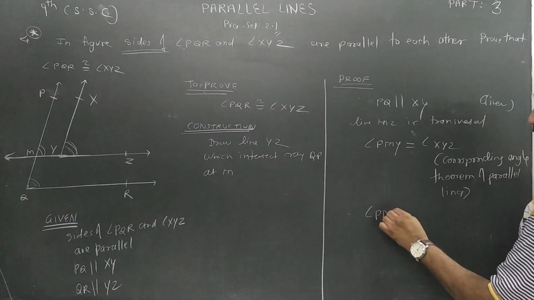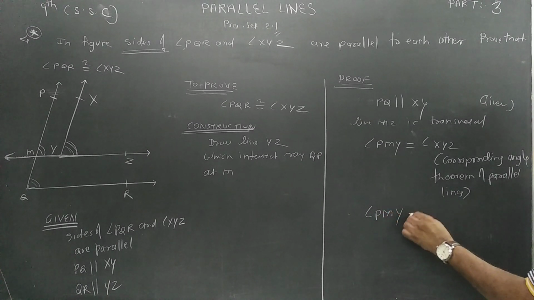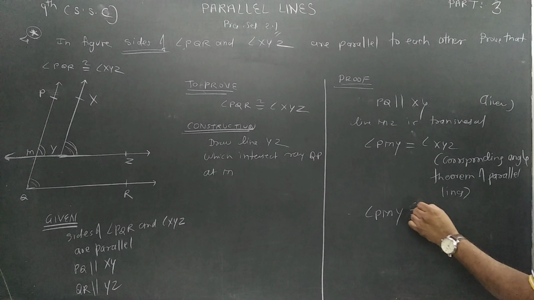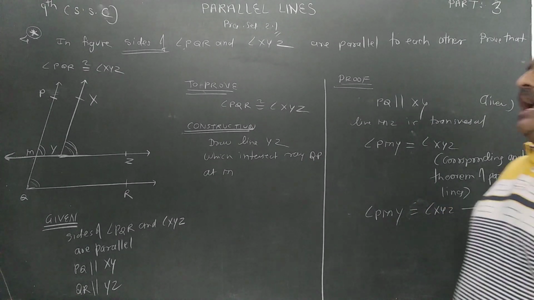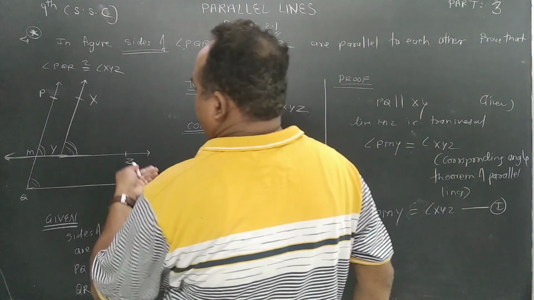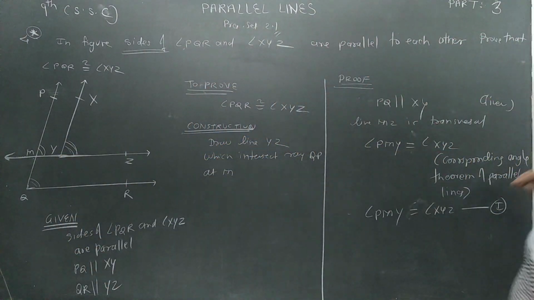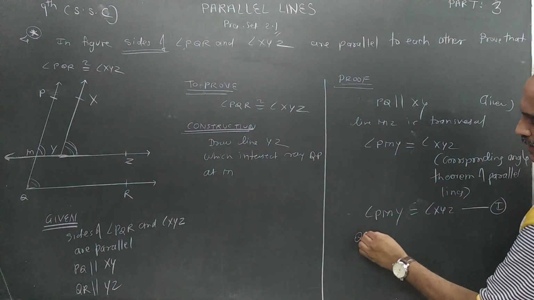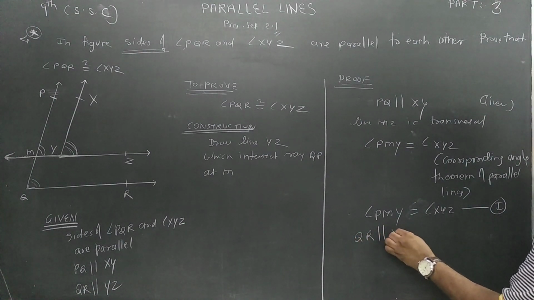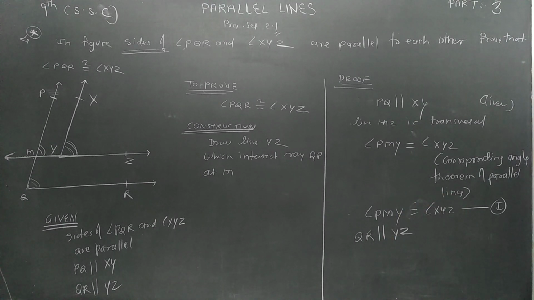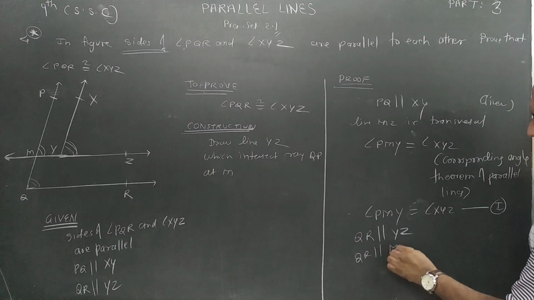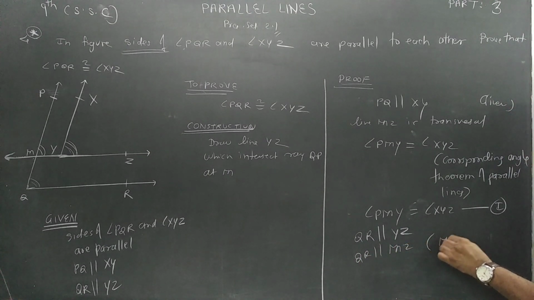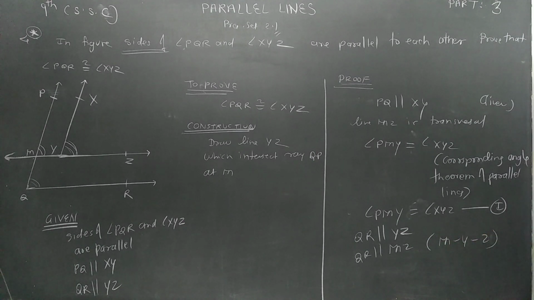So what you got now? Angle PMY is congruent, is equal to angle XYZ. I will take it as equation 1. Now these two are parallel. We can write QR is parallel to YZ, correct? Or we can write QR is parallel to MZ because M, Y, Z are collinear, Y lies between these two.